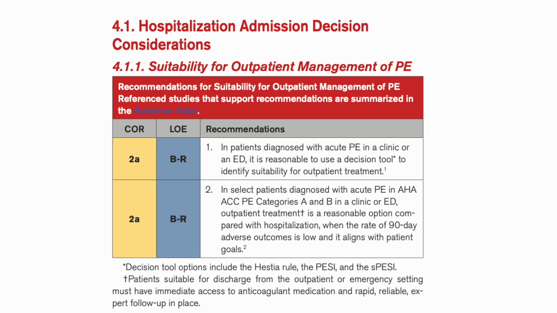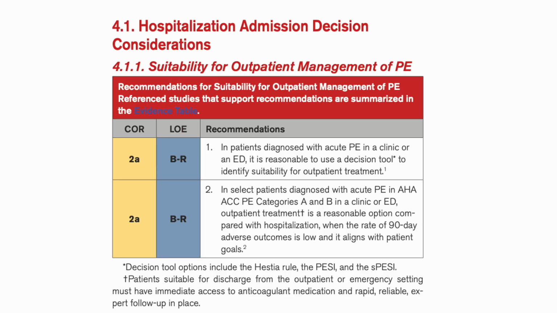So, there have been many studies which looked at which decision tool should I use, but they have seen a good predictability with all, including the HESTIA, the PESI, or the simplified PESI. Most studies have evaluated PESI incorporated with multiple items as exclusion criteria. And so you cannot just identify and say PESI alone is sufficient because they have used many other exclusion criteria.